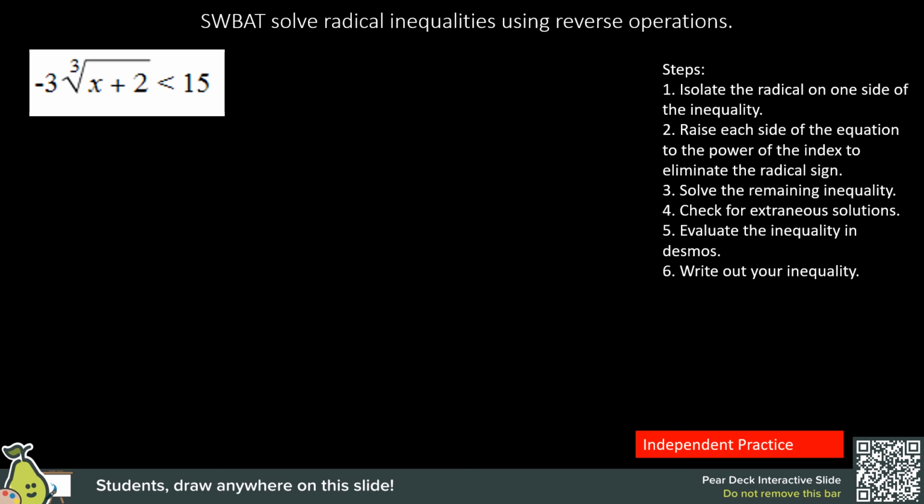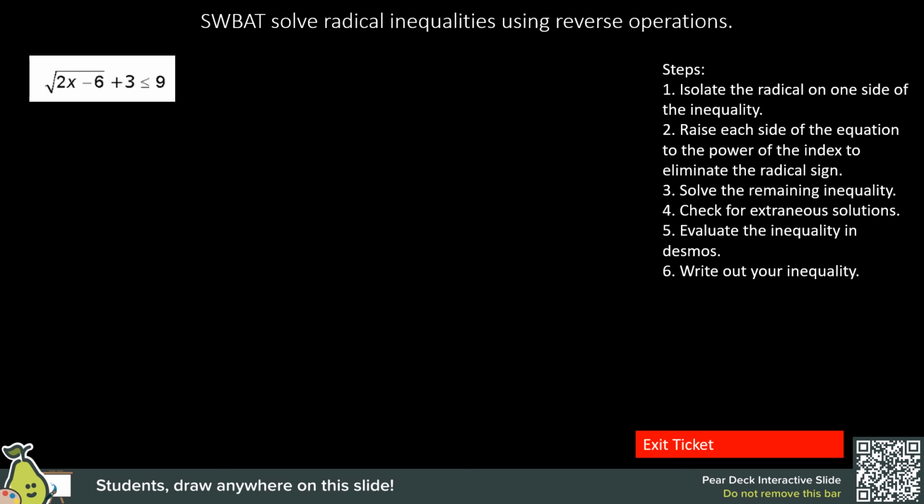Remember, you want to simplify it out, so a hint: divide both sides by -3. And lastly, you have your exit ticket, which I would like for you to complete on your Pear Deck. The square root of 2x minus 6 plus 3 is less than or equal to 9. All these answers do work out, so make sure that you do those.